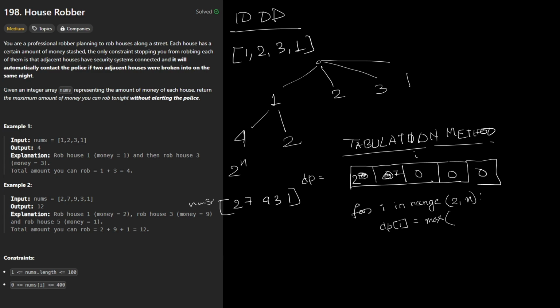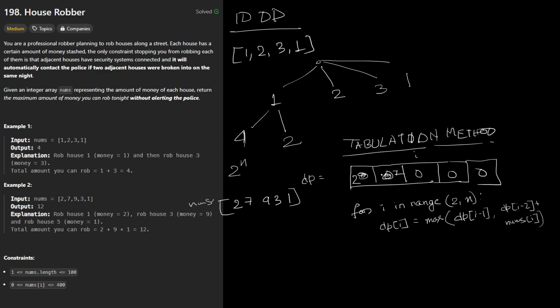Either I can rob this, because it cannot be adjacent, so I can rob 2 and 0, or the value could be this one: dp of i minus 1, or whichever is maximum. It would be dp of i minus 2 plus the current house, which is nums of i. So this would be our formula.